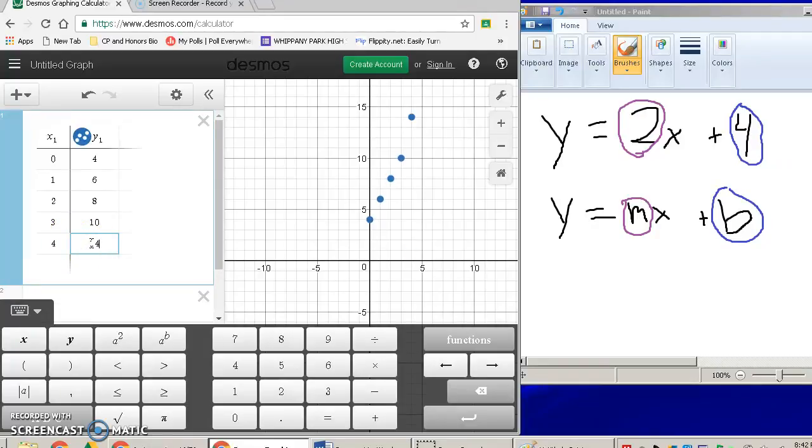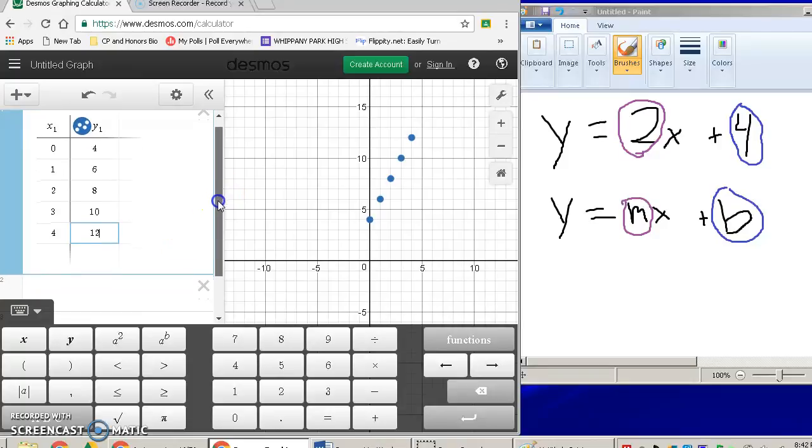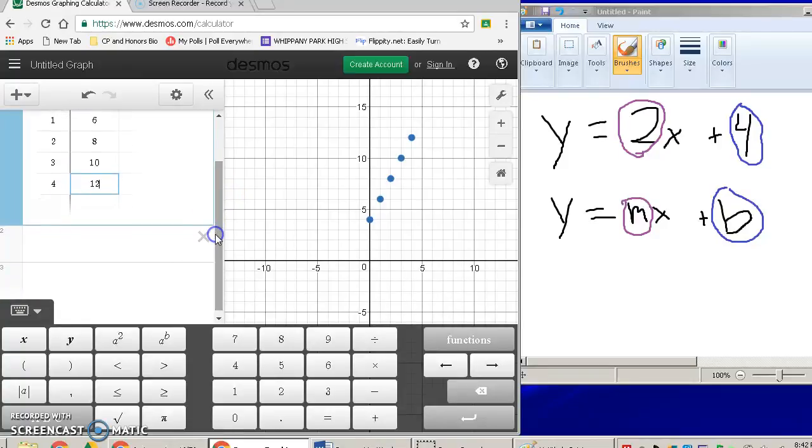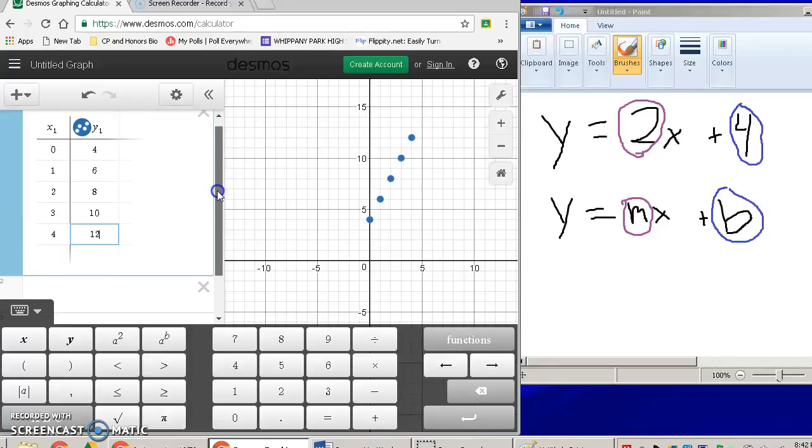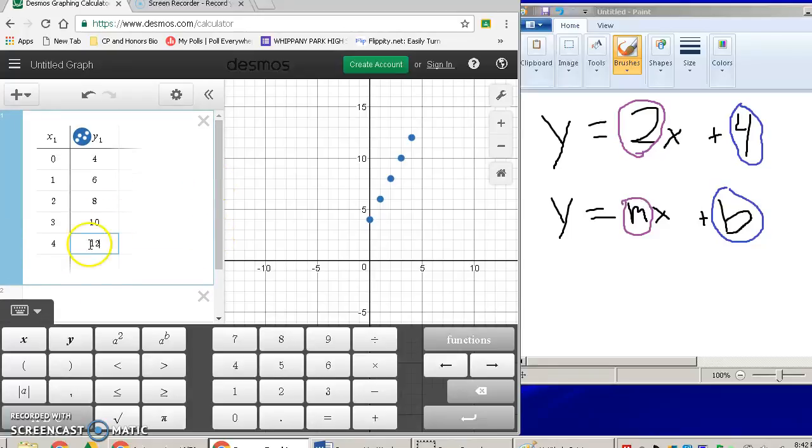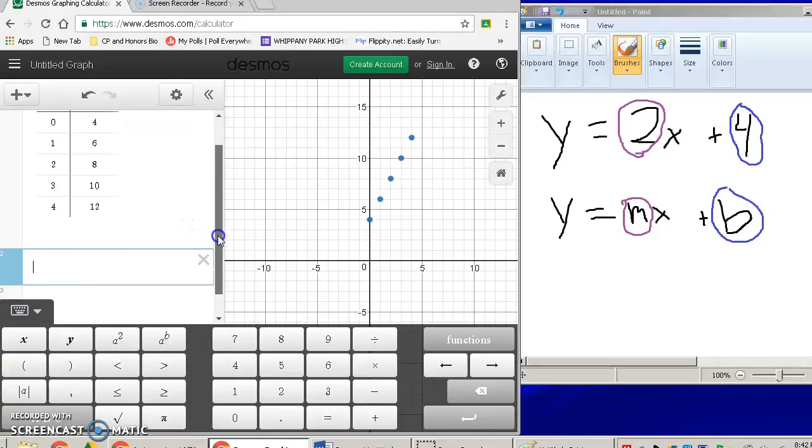You can already see from making this table and plotting our points on this graph that we already have somewhat of a line forming here.